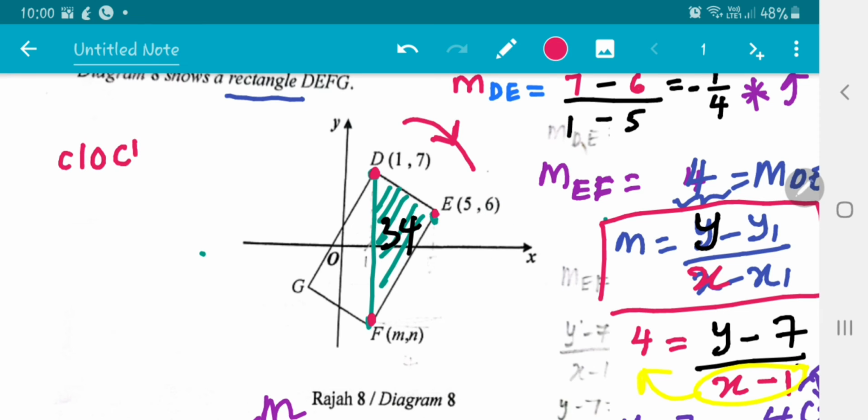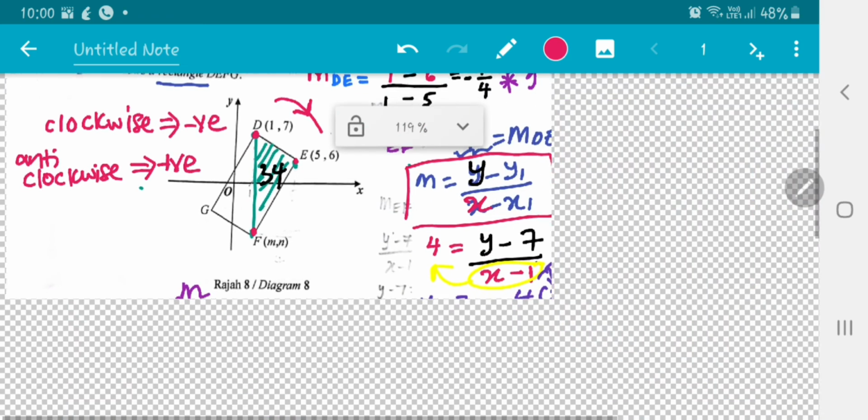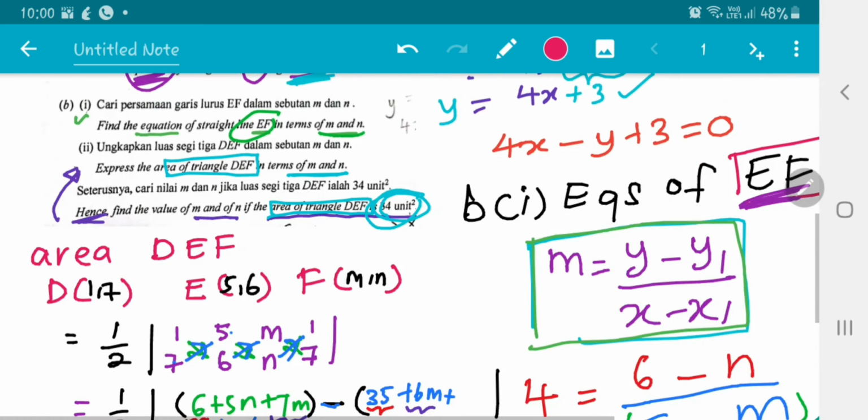So, kalau kita pilih clockwise, maka value area itu sepatutnya dia negatif. Kalau kita susun point dalam susunan anti-clockwise, area itu dia akan jadi positive. Okay, yang dalam modular sign tadi tu.